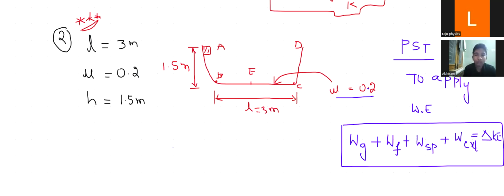The particle is moving from A to somewhere. A to B is one work, B to C is another. For A to B, which work is done? Due to that work only, the particle is moving from A to B. What type of work is this?